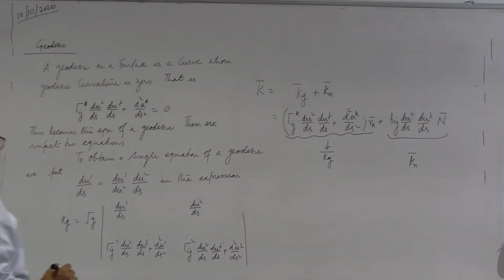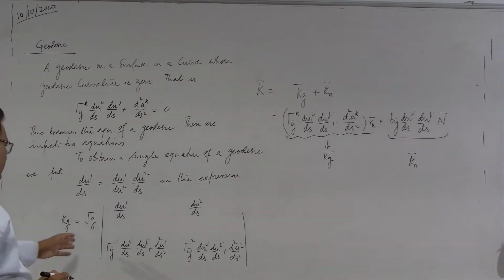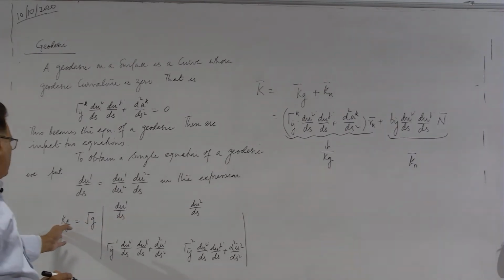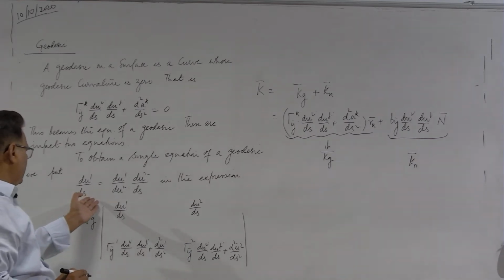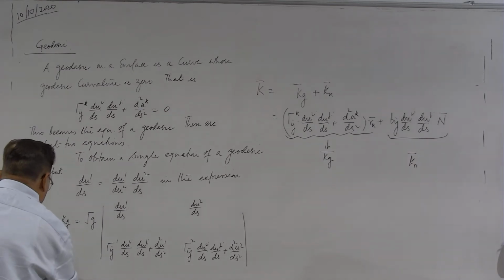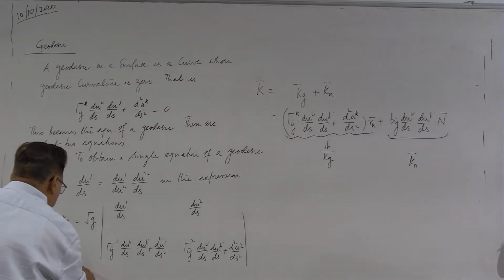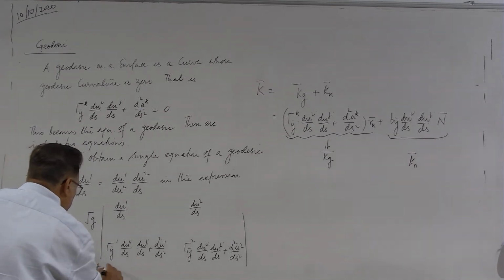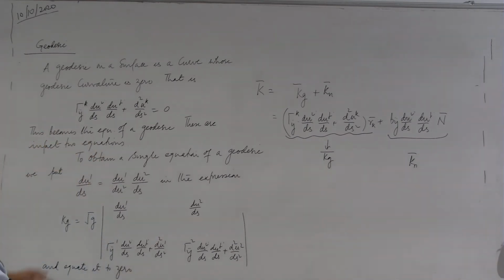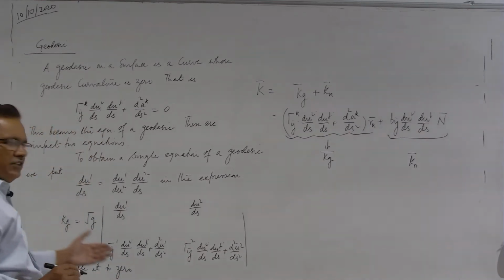This is Kg, and if I equate this to 0, that will give me Kg equal to 0. So, we put du1 upon ds equal to this much in this expression and equate it to 0. So, if I equate this expression equal to 0, that means I am putting Kg equal to 0.